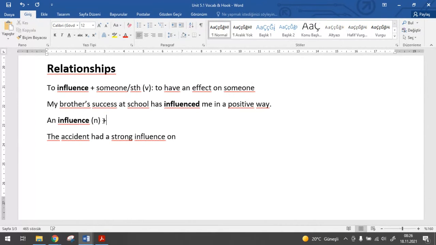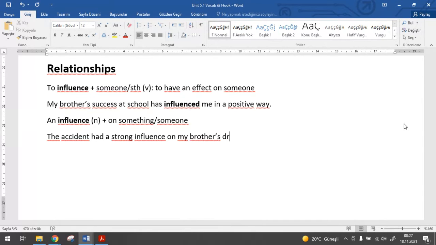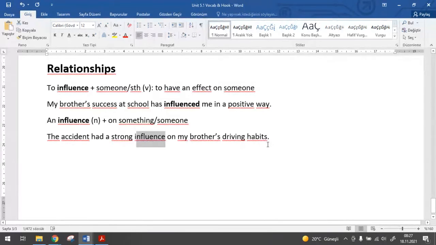So we can use it with the preposition on. Something or someone. So the accident had a strong influence on my brother's driving habits. So it means your brother's driving habits changed after this accident.